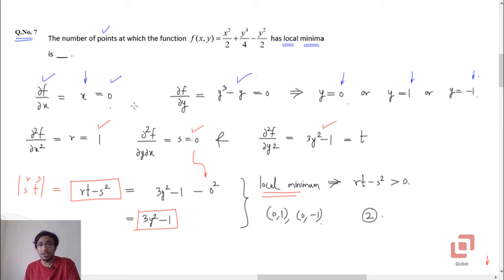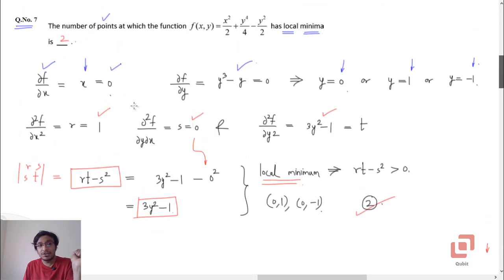Now where is the Hessian positive? Will it be positive when y is 0? No. So it will be positive when y is either 1 or minus 1. So there are 2 points where the function is attaining local minimum. Now this is a numerical answer type question, so you have to use your on-screen keypad to enter the answer as 2. That is question 7.